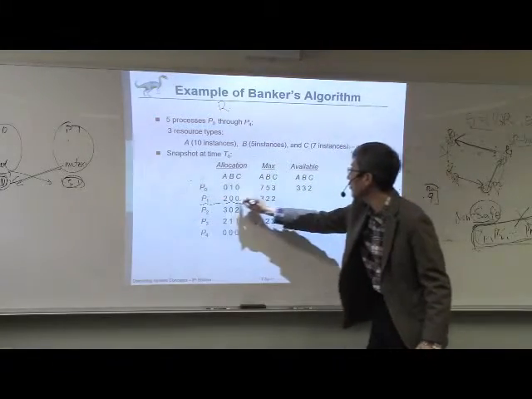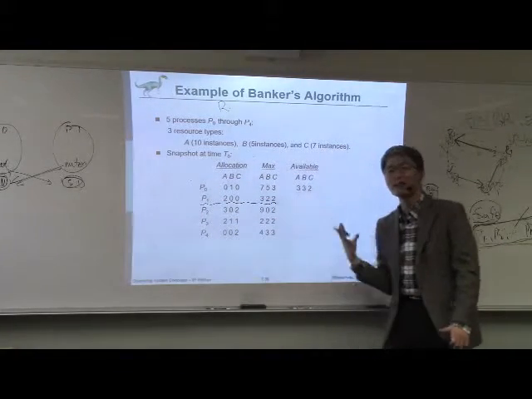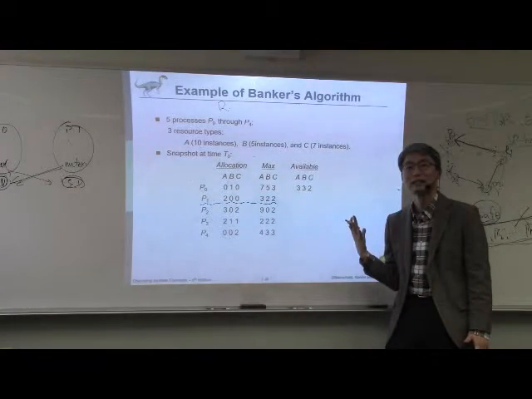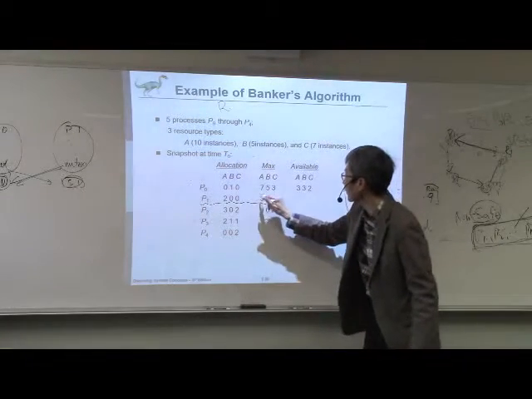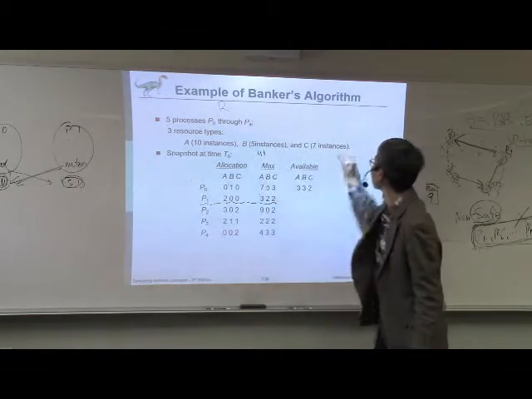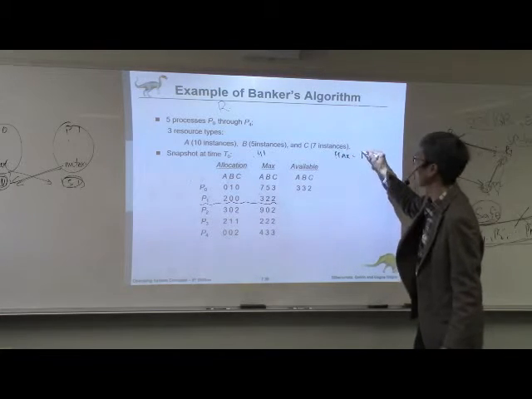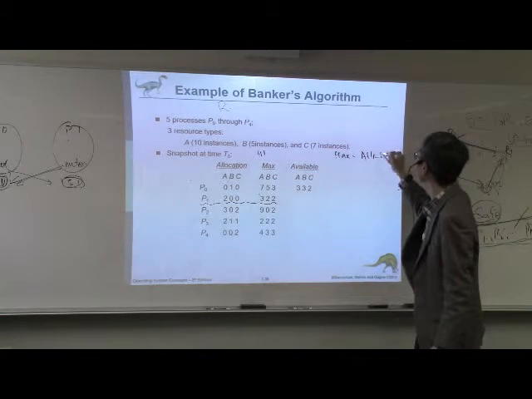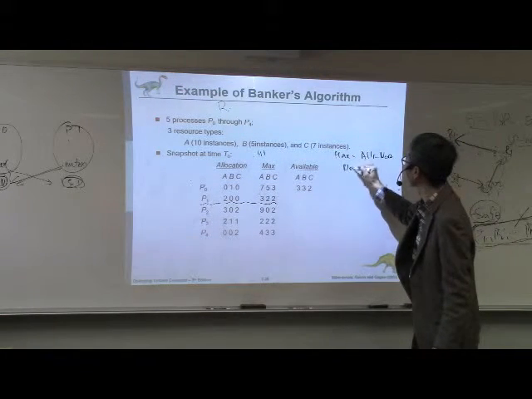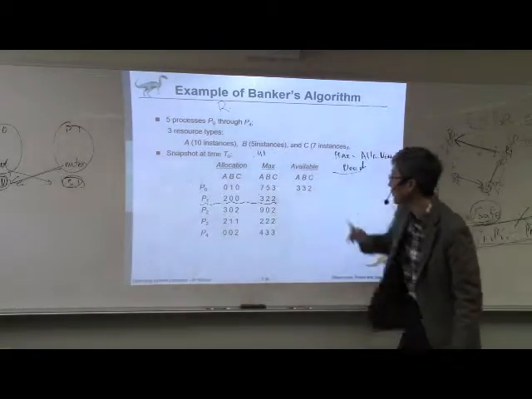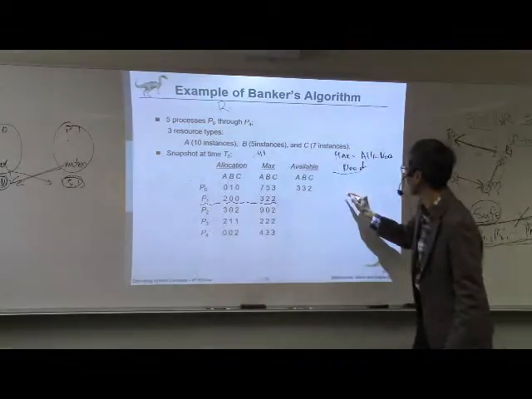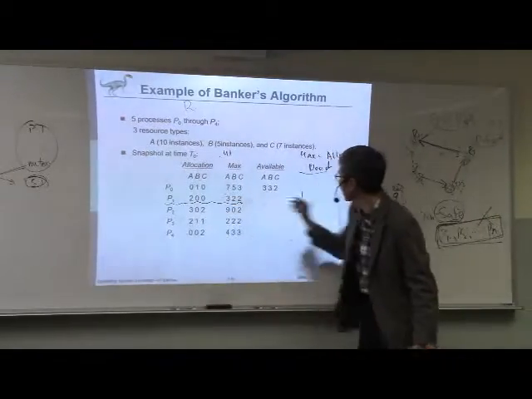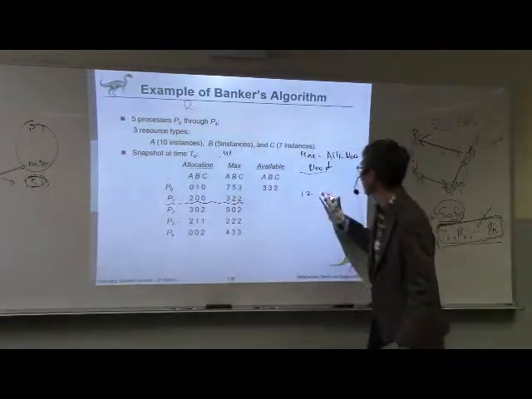For example, to terminate P1 first, how many more are needed? Max minus allocation, that is the need. So for example, for P1, 3 minus 2 is 1, 2 minus 0 is 2, 2 minus 0 is 2.